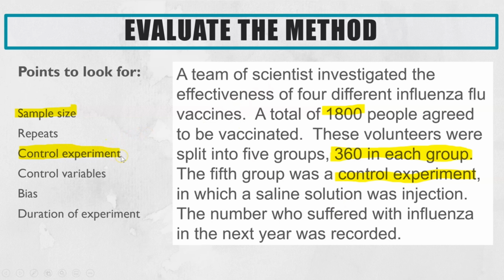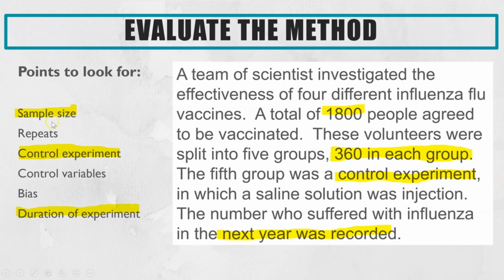That would be an advantage because we do have a control experiment, and that's useful because it means that any differences we then see between each of these vaccines are due to the active ingredient rather than the placebo effect. Duration of the experiment: they have given us information on the duration, and they've said that the next year they're going to see how effective it is when they're exposed to the next year's influenza virus.